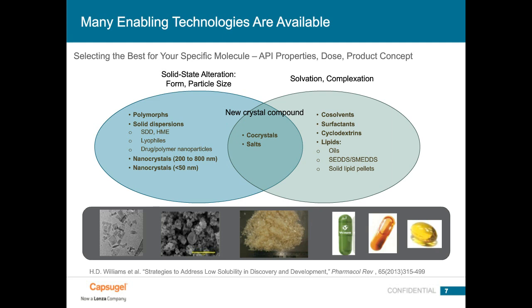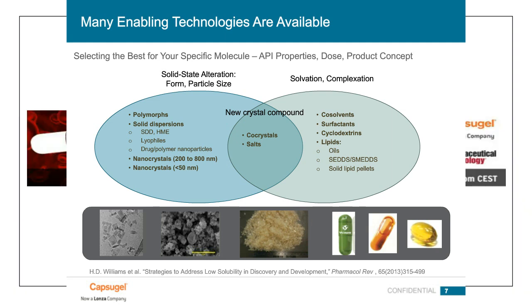On the right is a different type of approach where we solvate or complex the molecule using things like co-solvents or lipid-based formulations or cyclodextrins to make complexes. And in the middle is an approach where we've made a new crystal entity, either a co-crystal or a salt, which can also improve bioavailability. So I'll mention a few of these in the next few slides, how we select between them, and how we think about the way that we formulate each of these technologies.